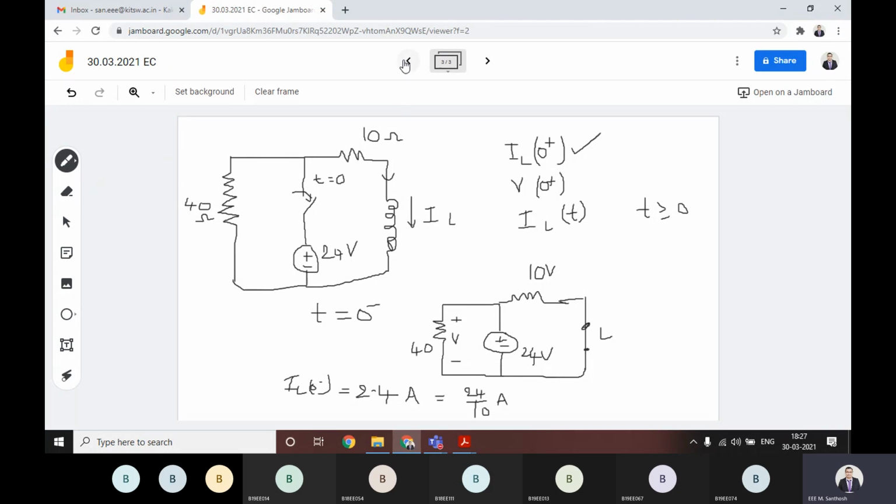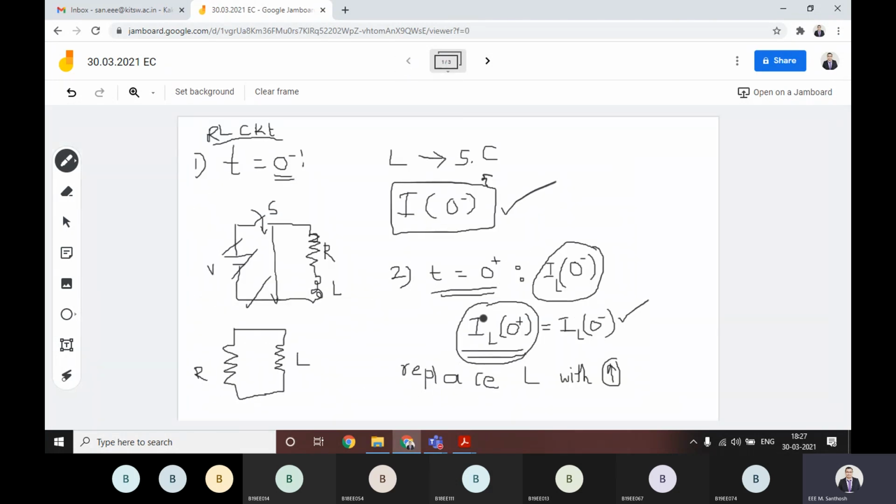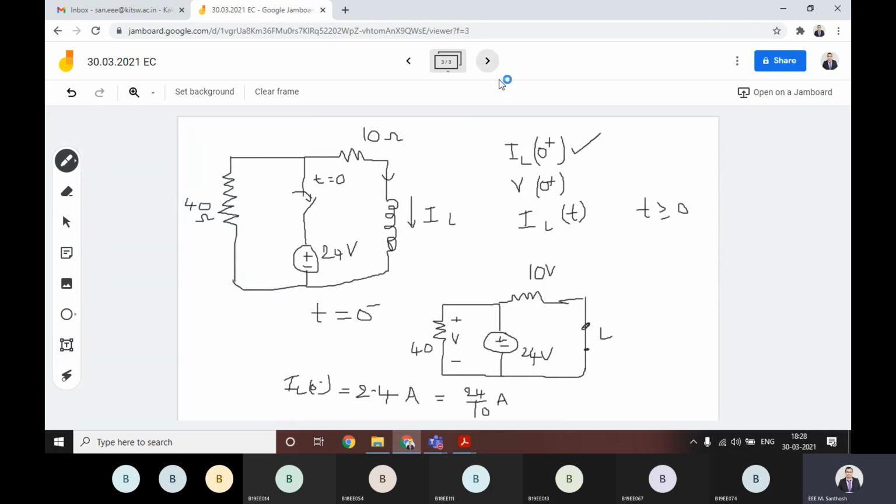Then in the second step, what we told you, after getting this one, that 0 plus circuit you have to construct. If you construct that 0 plus circuit, then with this IL 0 minus you have, directly you can calculate IL 0 plus, that is the equivalent value. That means here you have IL 0 minus as 2.4 amperes.